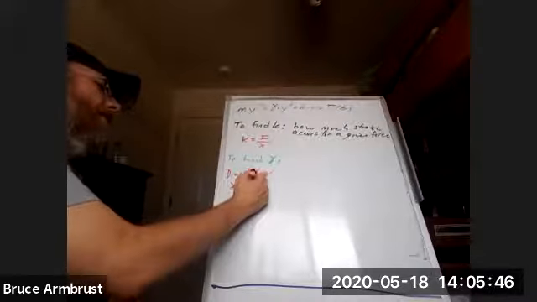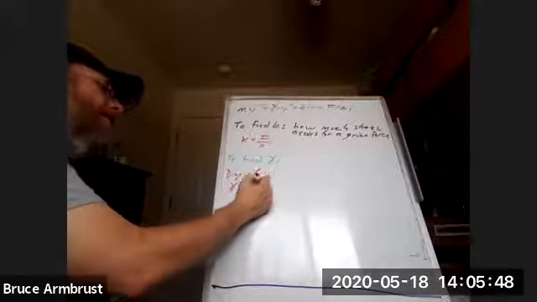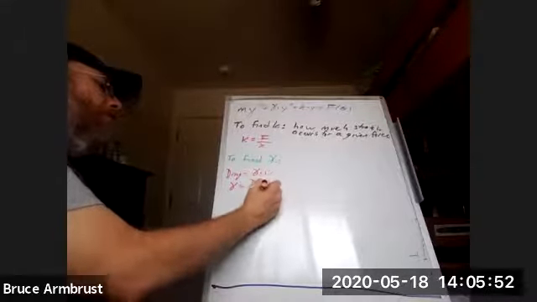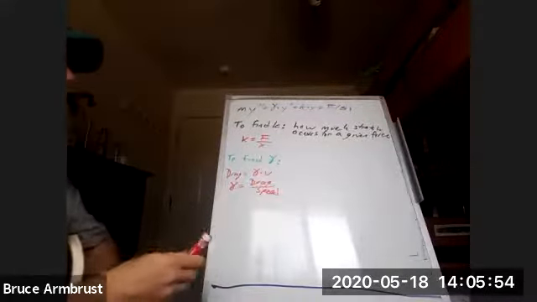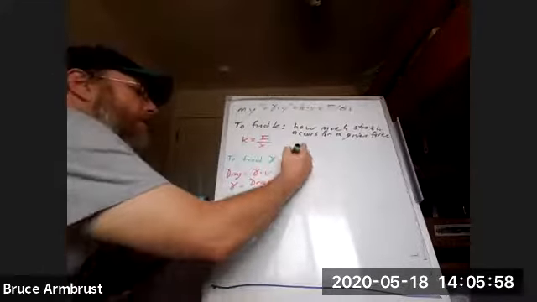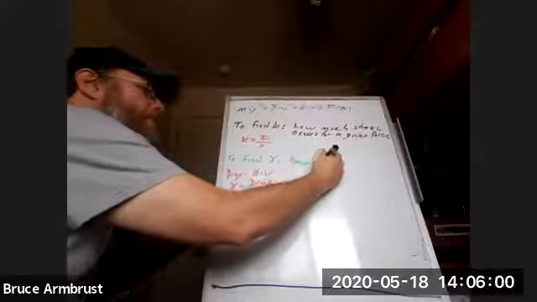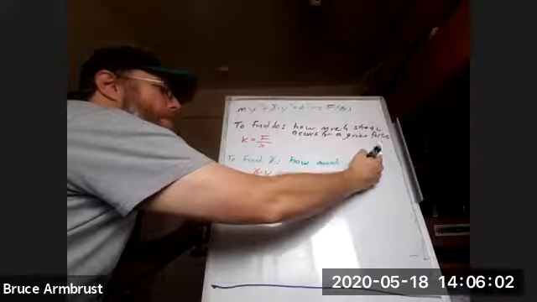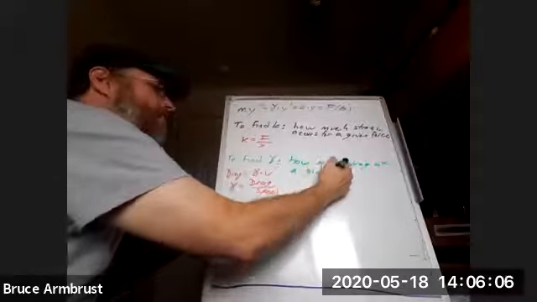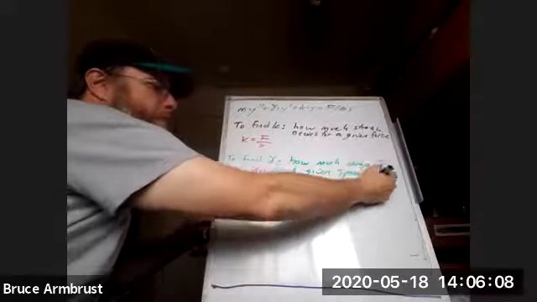So gamma is going to be the drag divided by the speed. So in order to find gamma, what you're going to need to know is how much drag at a given velocity or given speed.